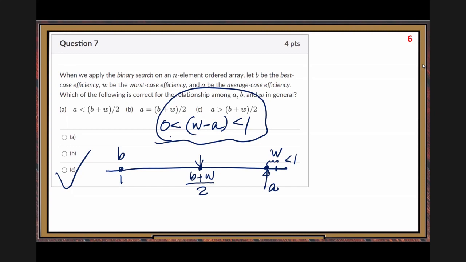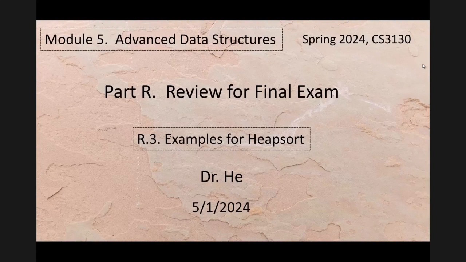Okay, all right. Then, review part 3, examples for heap sort. Because we do not have time to practice this topic, here I give you some sample questions. If in the final you see questions similar to these sample questions, you just prepare for the final.